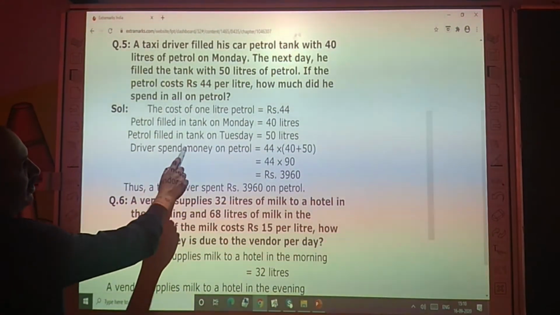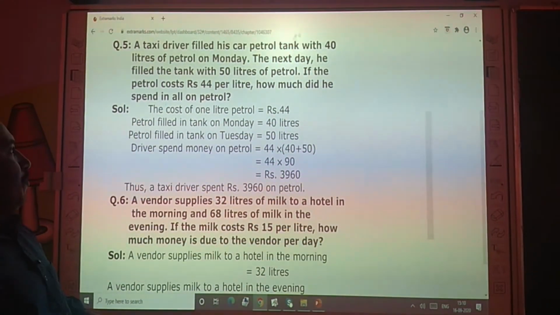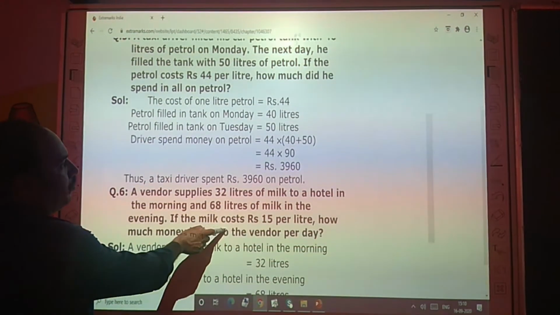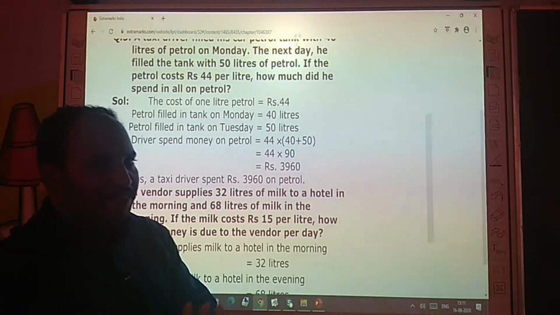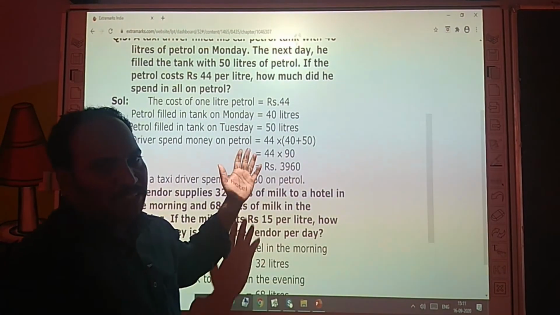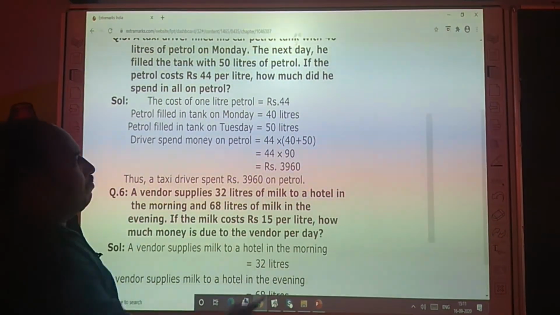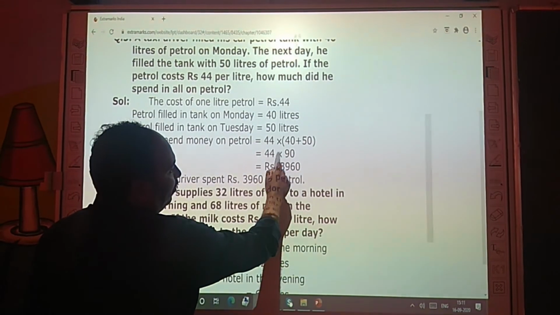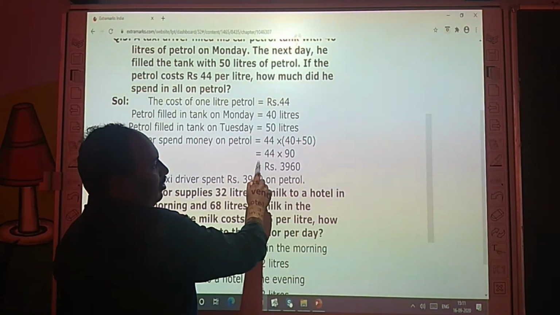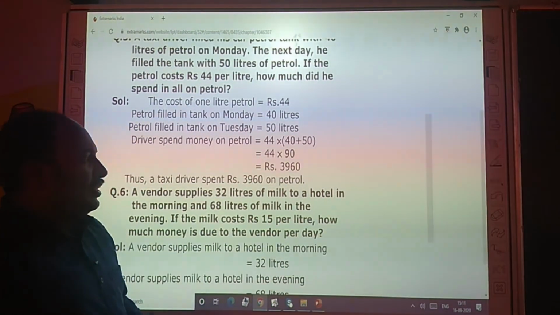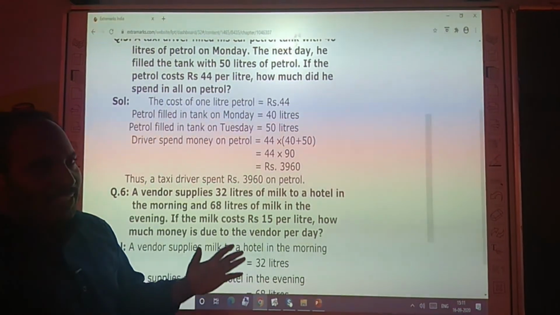The cost of 1 liter of petrol is 44 rupees. The amount is 44 into 90, which is equal to rupees 3,960.